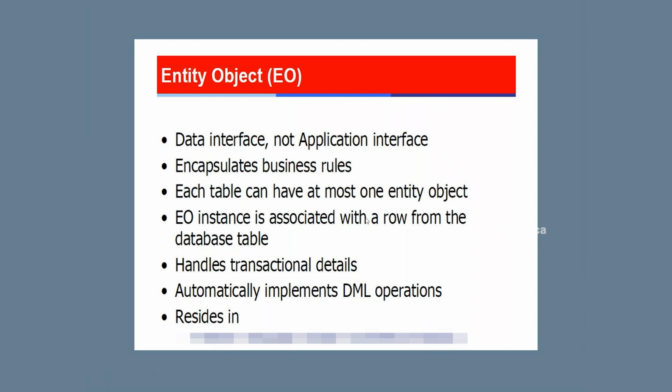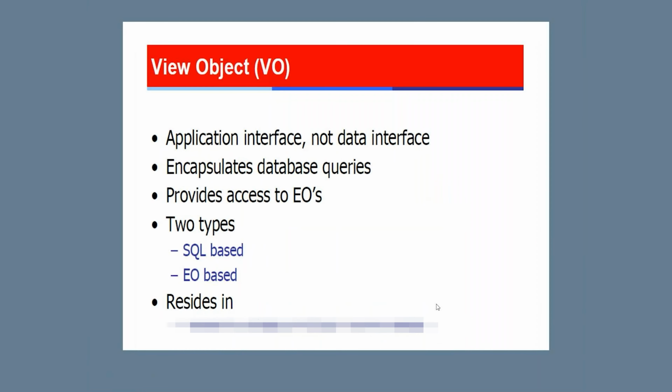Under schema, we should have server, and under server we should have our entity object. Remember this, because going forward, whenever we are creating our components, we'll be following this hierarchy only.